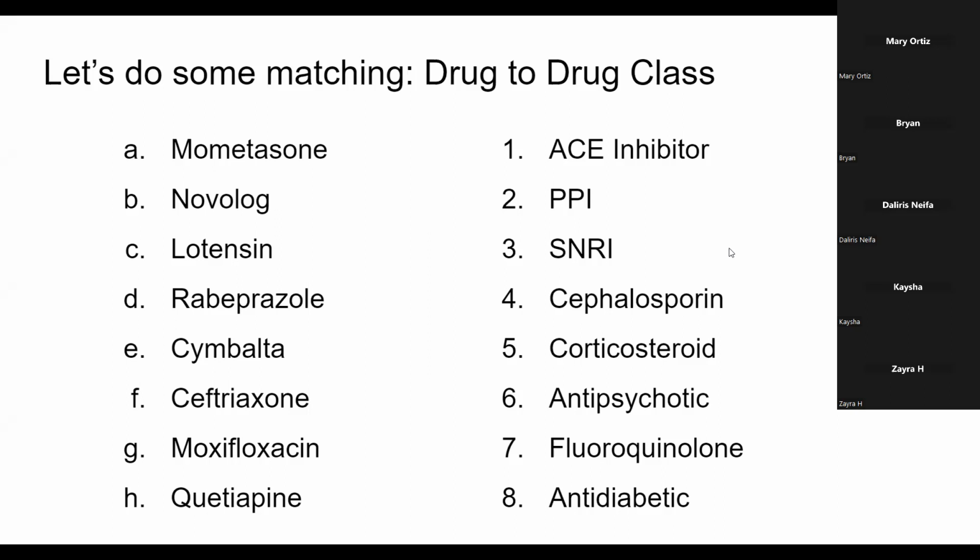Cymbalta. It does have to do with neurotransmitters. That would be, yes, and Brian, a serotonin reuptake inhibitor. It is a serotonin reuptake inhibitor, but that N adds one more thing, and your spelling's good.